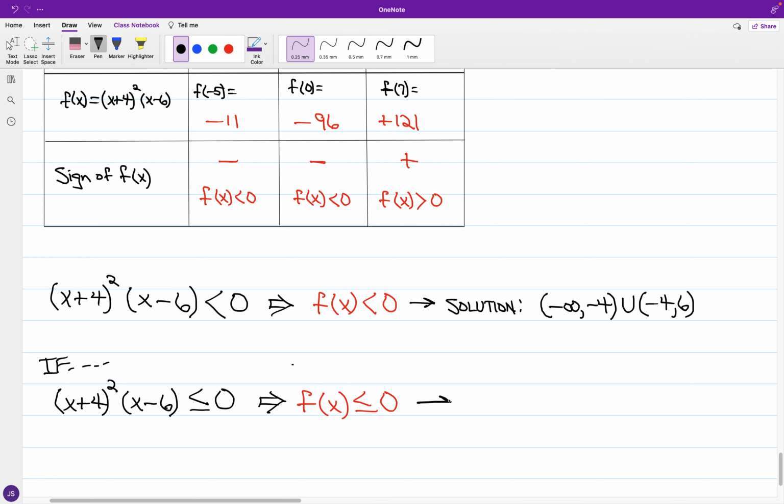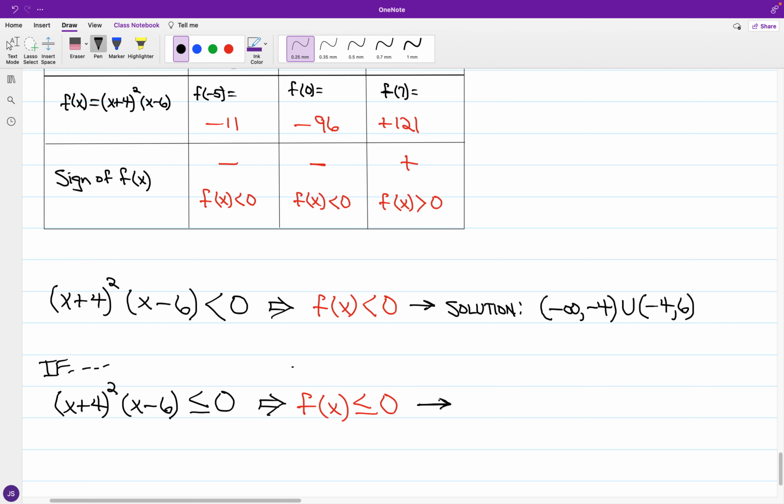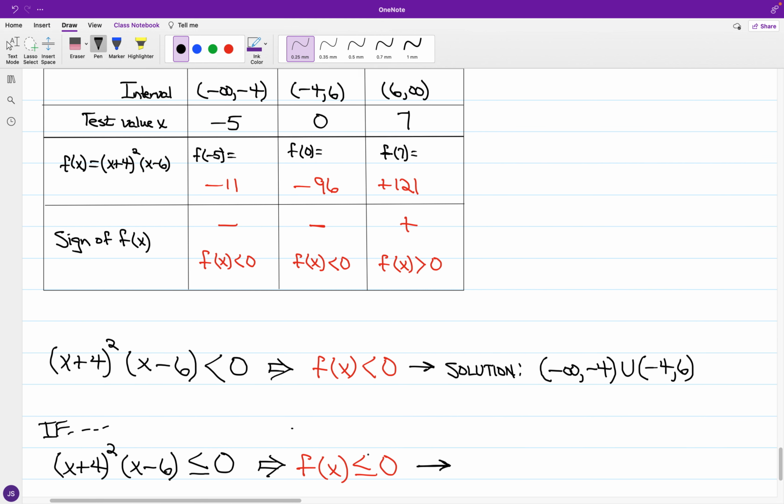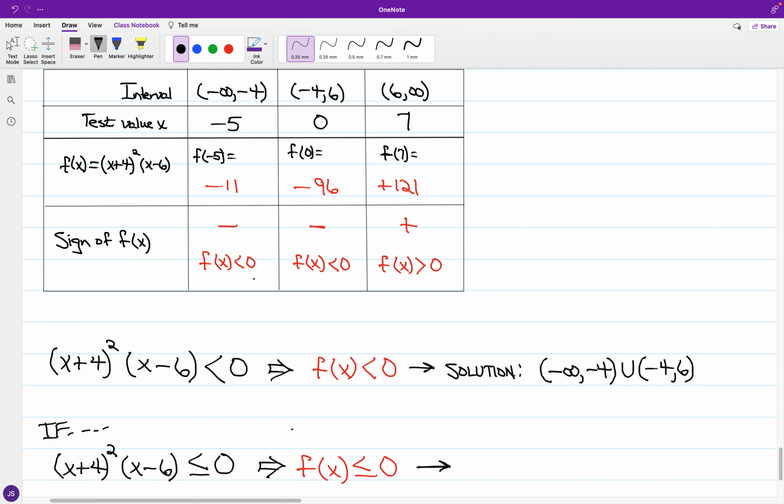Now, what you're going to be looking at, still, you have less than or equal to 0, same direction as where we have f(x) is less than 0.